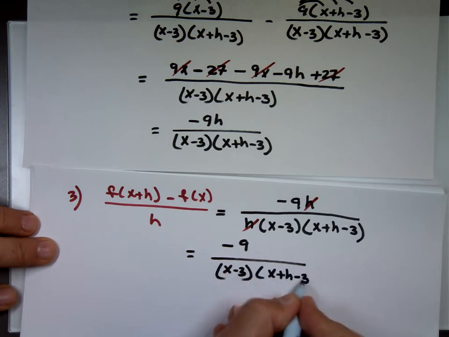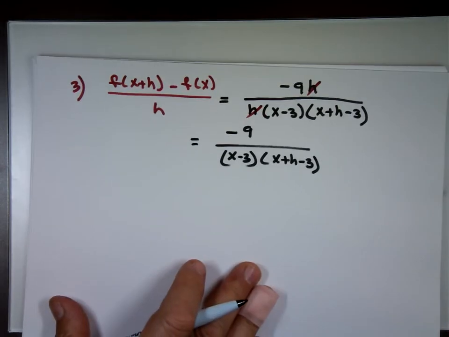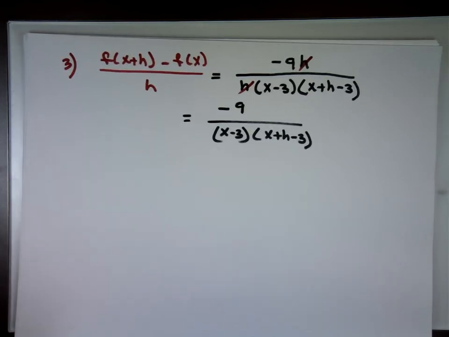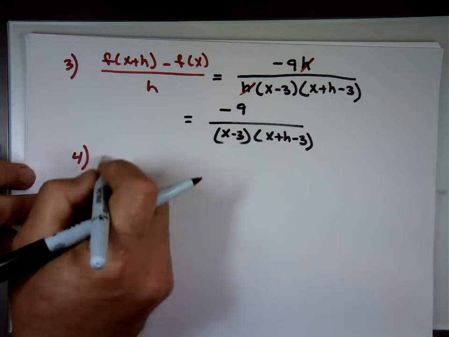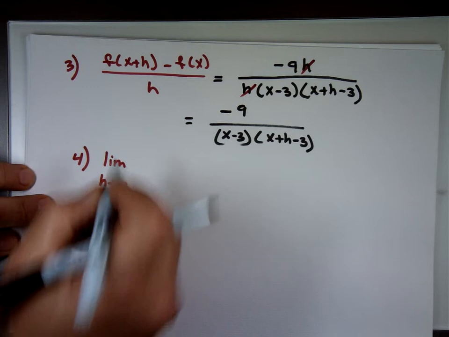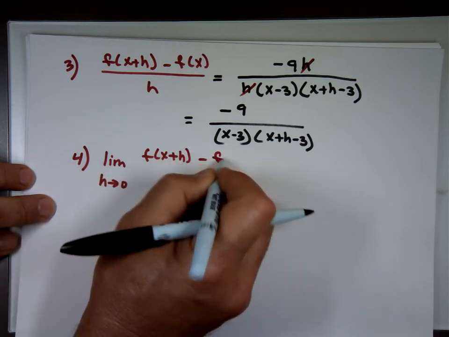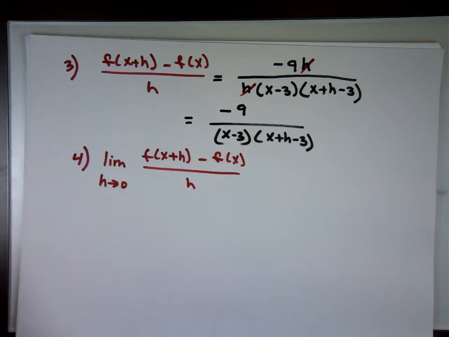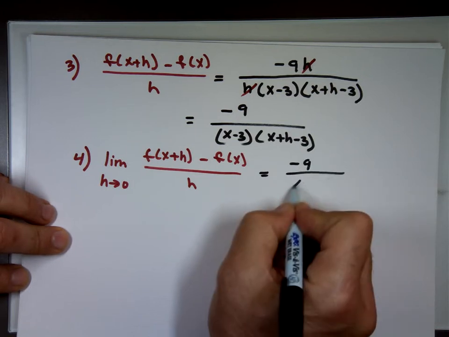And the last step, step number 4. What are we going to do? Take the limit as h approaches 0. So if we take the limit as h approaches 0, you're going to have negative 9 over x minus 3 times what?